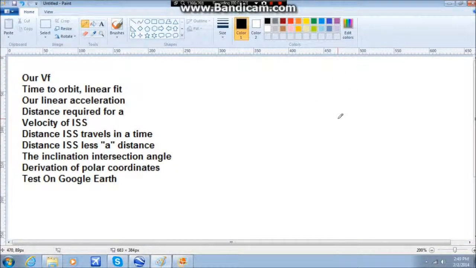Okay, so the process of orbital rendezvous with the space station is determining a launch window and knowing exactly when to take off during that launch window to rendezvous.